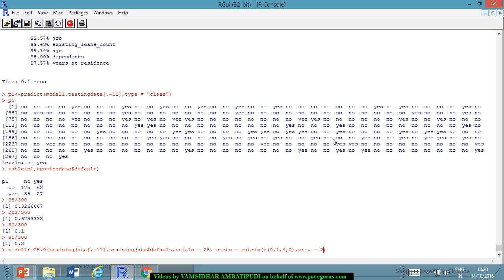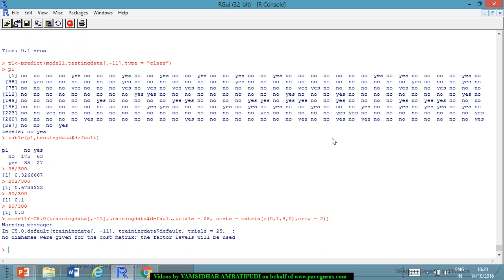The number of rows of this matrix is equal to 2. So I'm giving this as an input, which is like my error matrix. So the error costs are given like this, and I'm building the model. Okay, so this is how I have built the model.